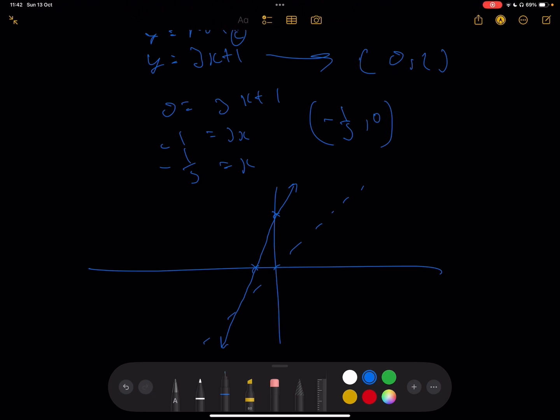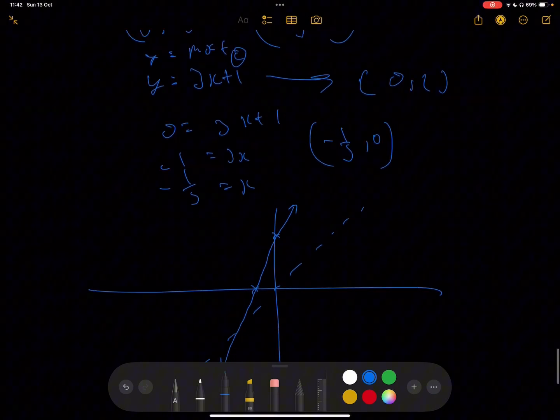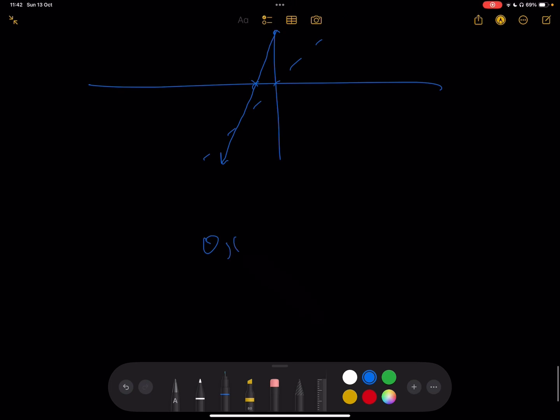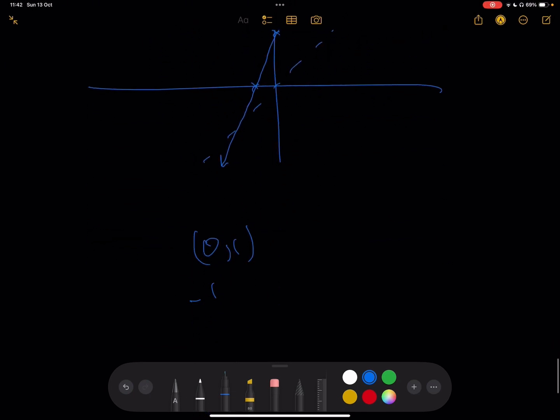So we know that for the inverse function of x, all the coordinates swap. So instead of the form of x, y, they're y, x. So let's take that for example. We know that f of x has intercepts 0, 1, and negative a third, 0. So what would it look like for the inverse function? Well, for f of x, it's in the form x, y, so for the inverse function of f of x, it'll be y, x.